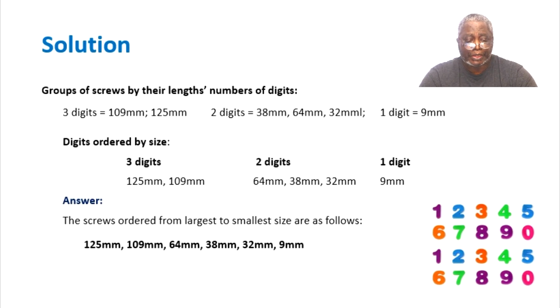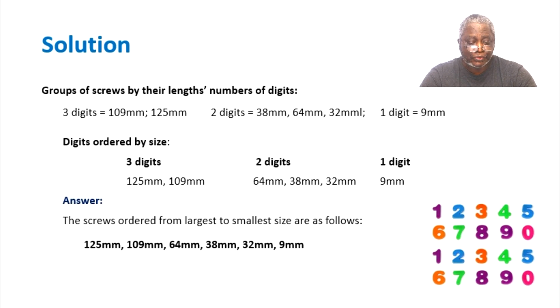So you then order the screws within each group. In the 3 digits, you have first 125 and then 109. That is in their sizes. And then in the 2 digits, you have 64 millimeters followed by 38 millimeters and then 32 millimeters. In the 1-digit section, obviously, it's 9 because there's only 1.